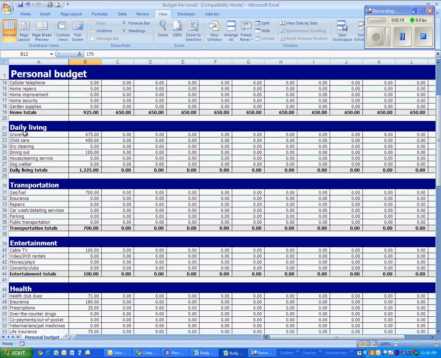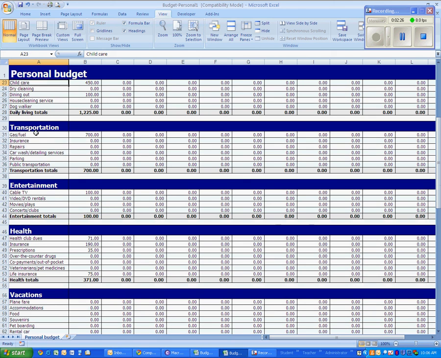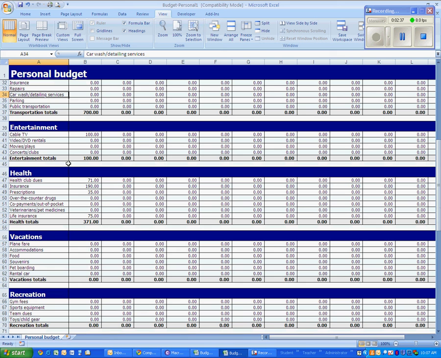Then here are daily living expenses: groceries or food, child care and whatnot, different transportation. What they don't have here, and what I might put in, is my car payment, if you have a car payment, or maybe you've paid cash for your car and you don't have that expense.